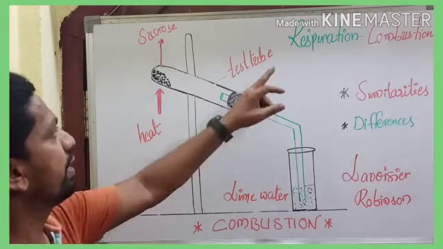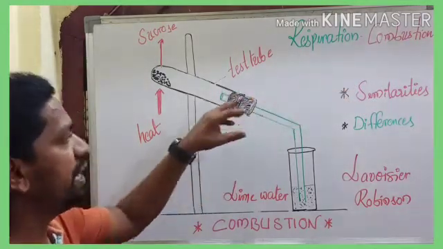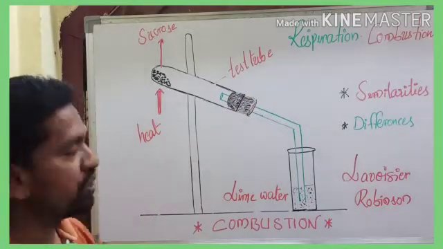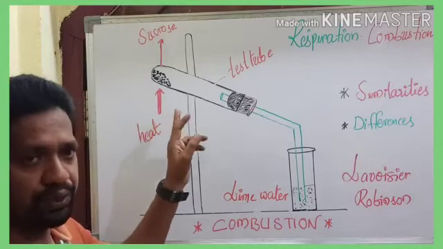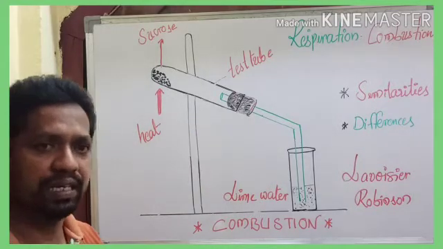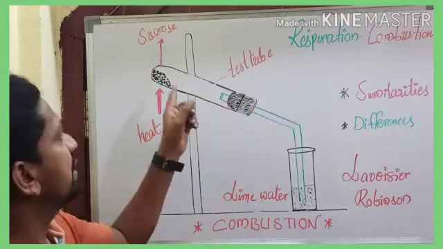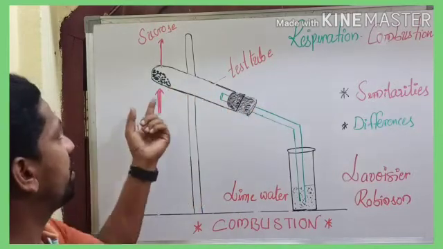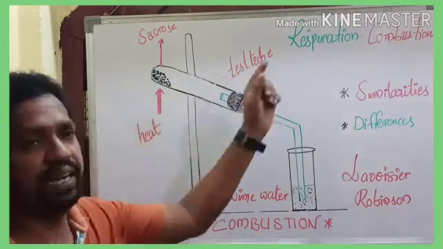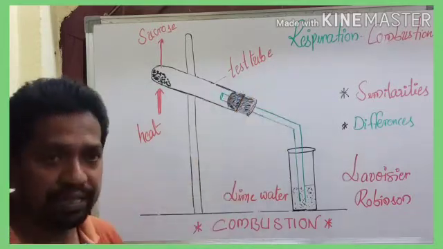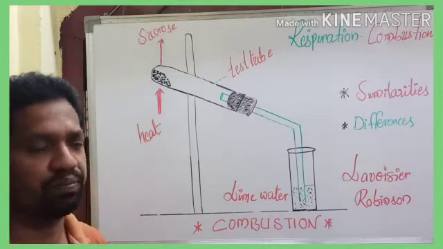This means respiration and combustion have some similarities. In both processes, we use organic material in the form of sugar or sucrose. In both processes, energy is released, in the form of heat in combustion and in the form of ATP in respiration.